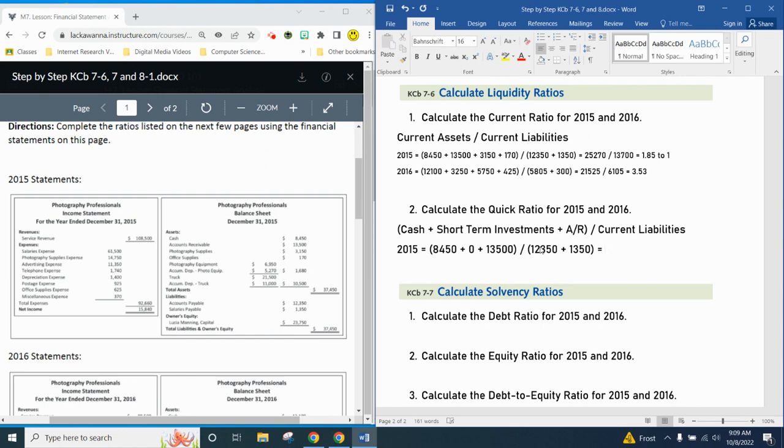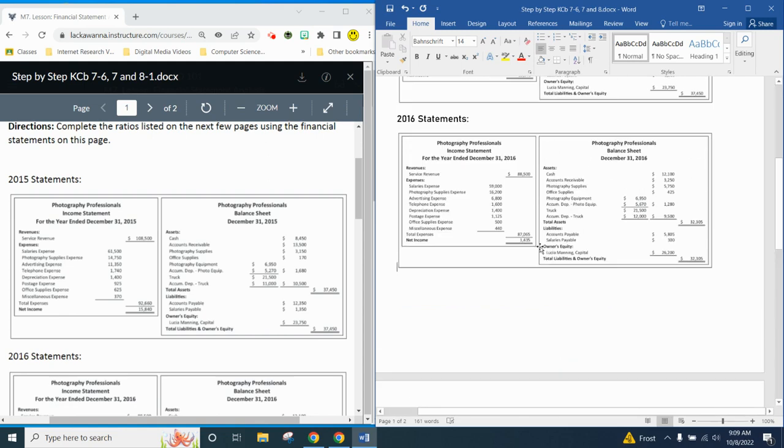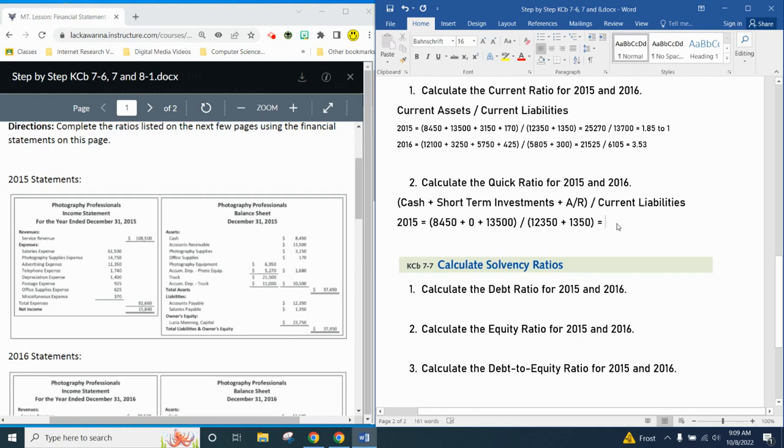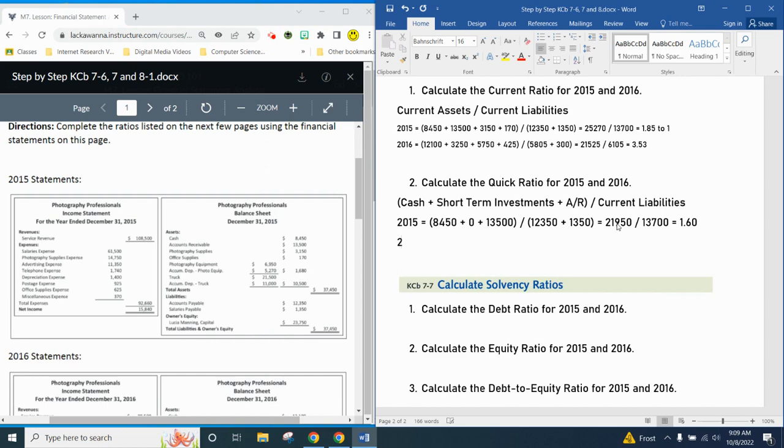We add all those numbers up for 2015 and we get 21,950 divided by 13,700, which gives us 1.60.